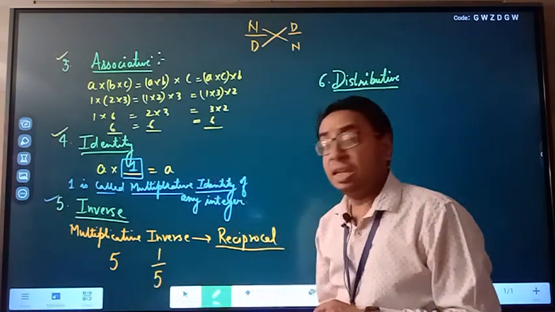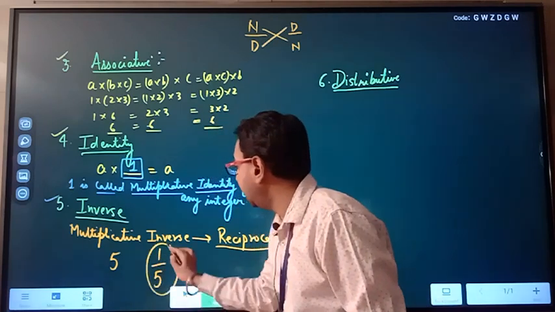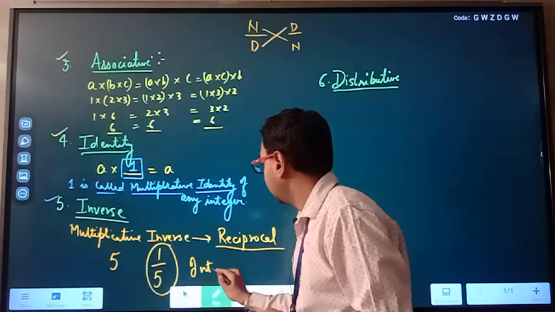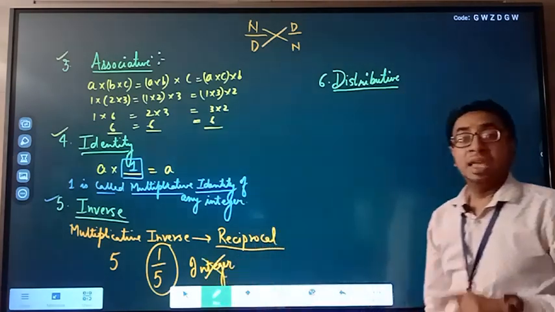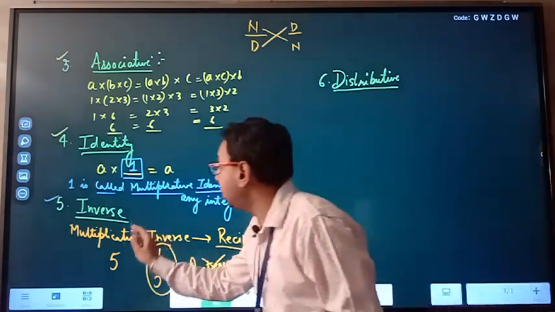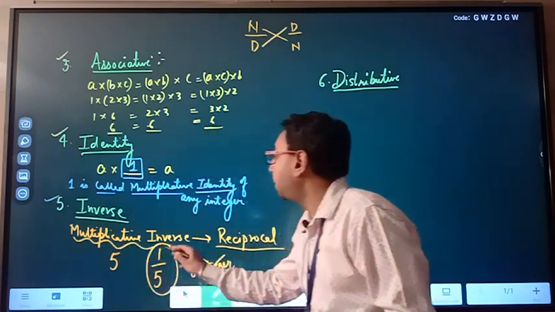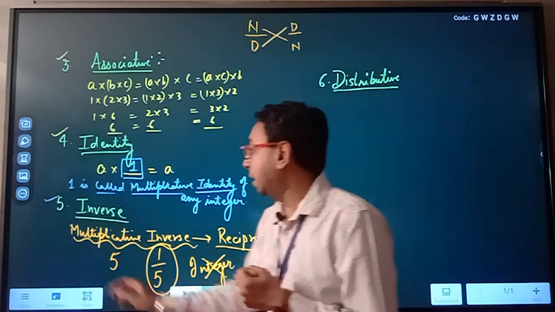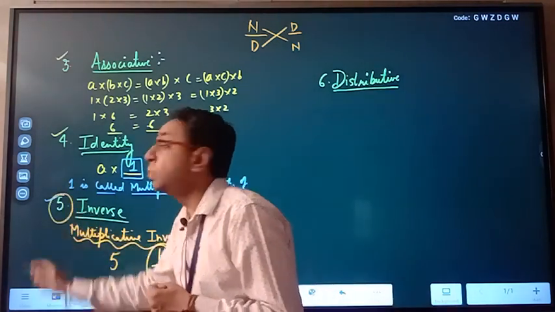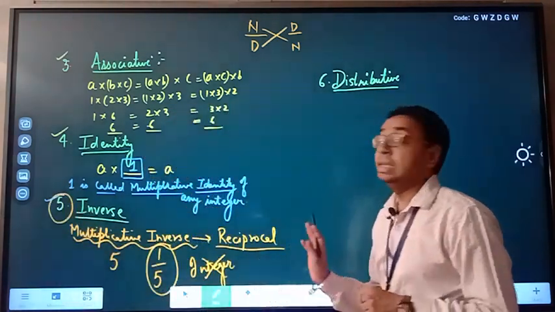But if we see clearly, 1 by 5 is not an integer. It is not an integer for sure. Hence, in the case of integers, we do not have the multiplicative inverse property.